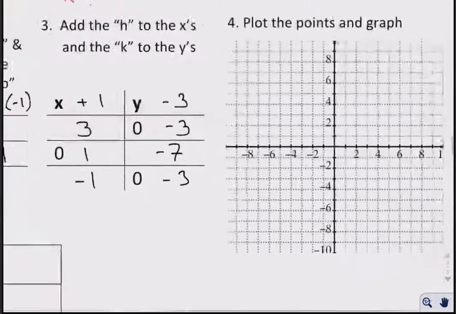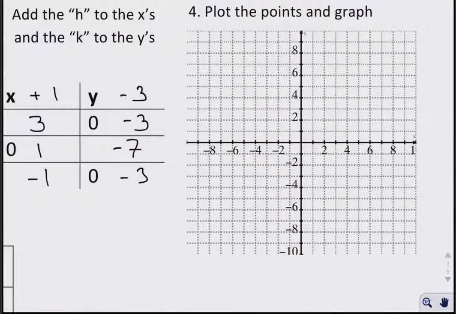So what do our points look like? On my graph, I go 1, negative 3, that means I'm over here. Sorry, that's not right. I'm looking at 3, negative 3. So 3 across, 3 down, brings me here. 1 and negative 7 brings me here. And negative 1, negative 3 brings me here.